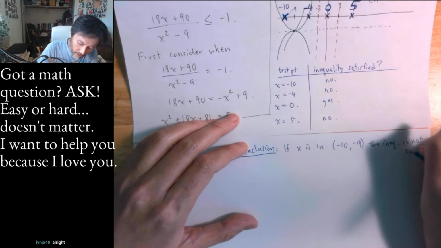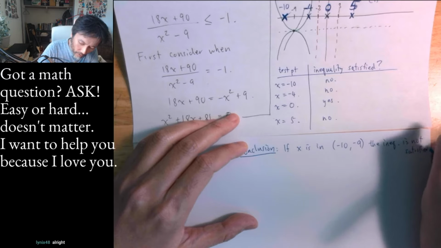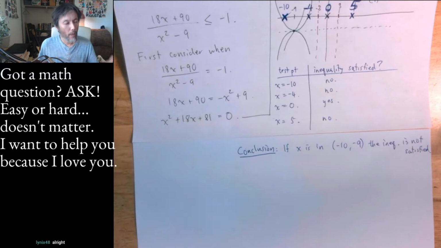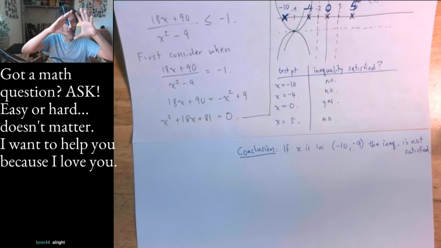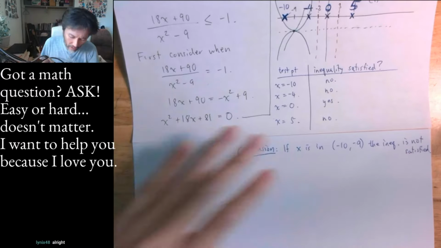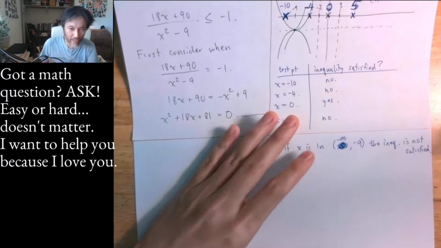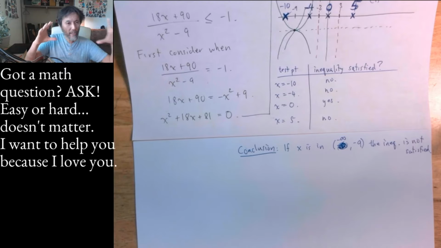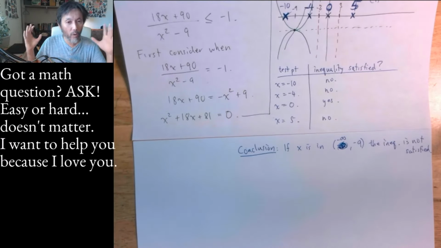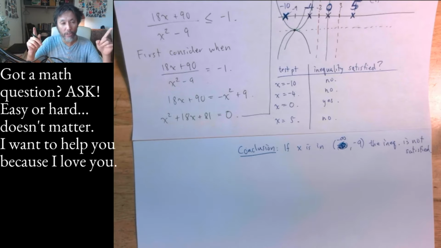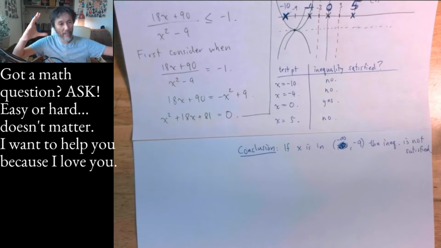By testing a single point, you can deduce something about an entire interval. I'm sorry, it's from -infinity to -9. If x is anything less than -9, then the inequality is not satisfied, and you know this just by testing a single point in that entire interval.